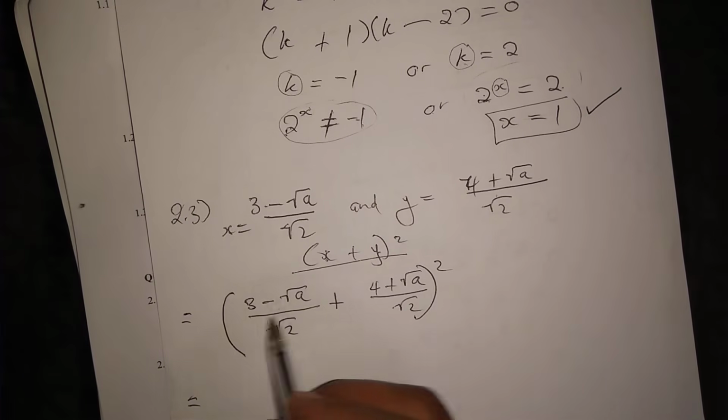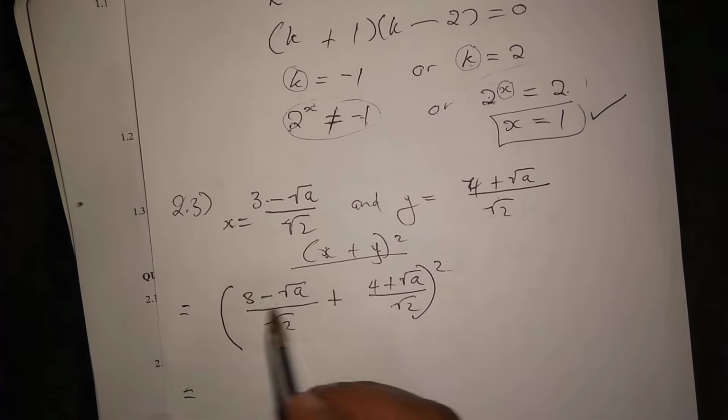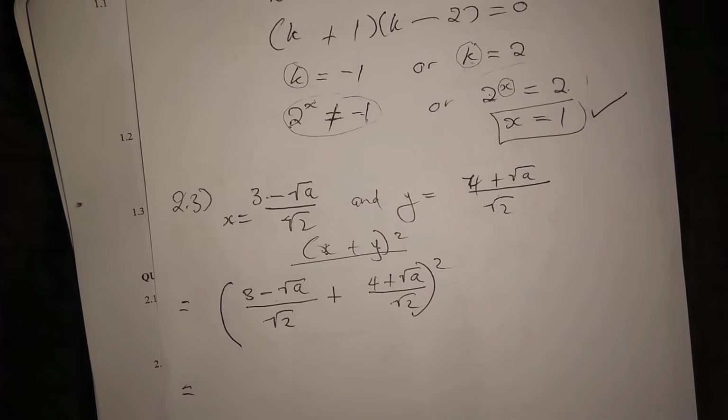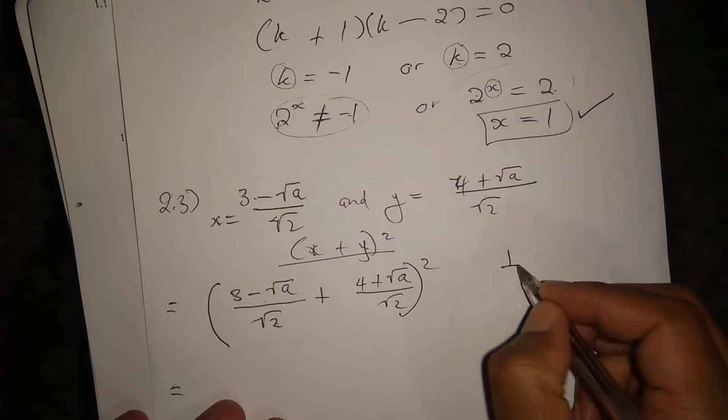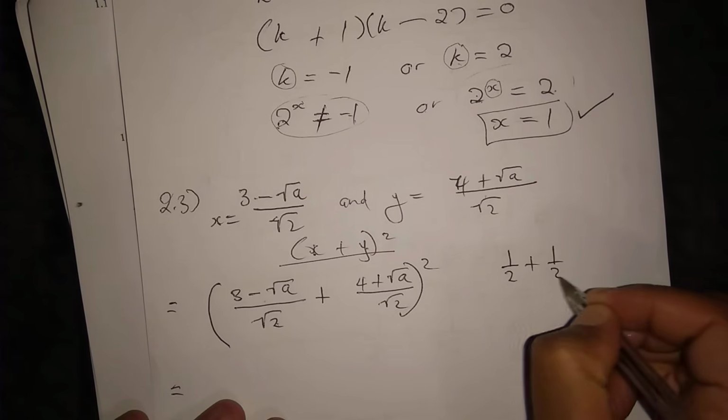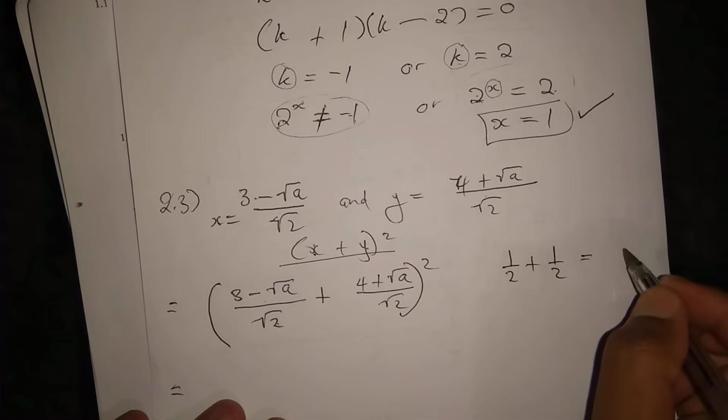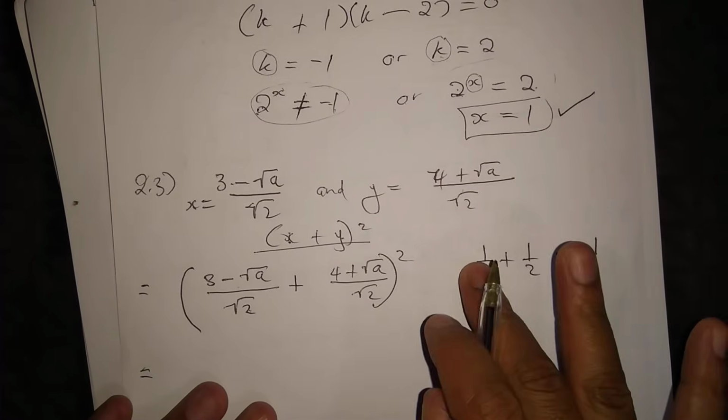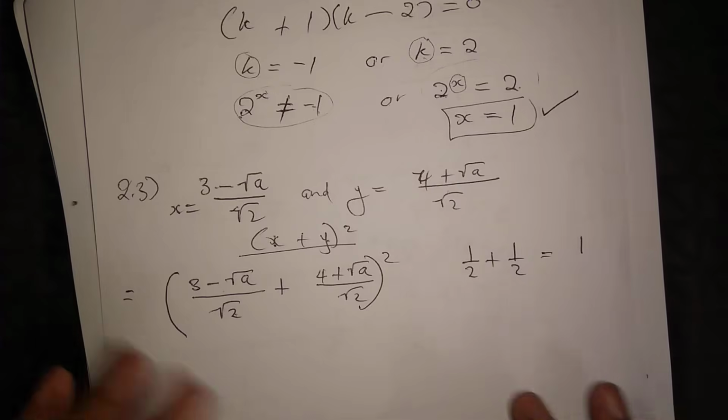I'm adding 2 fractions with a common denominator. What is 1 over 2 plus 1 over 2? It is equal to 1. I add half and half and I get 1 whole.